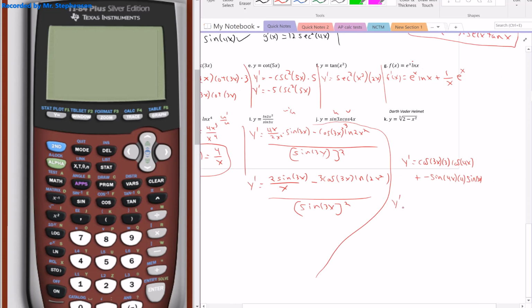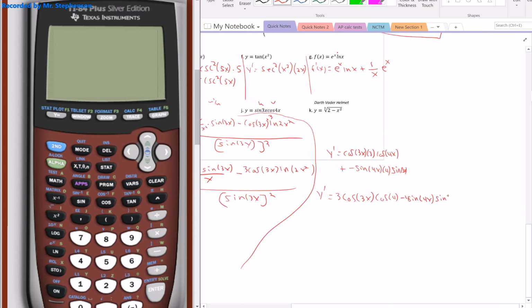Simplify this, you're going to get y prime equals 3. You cannot combine this to make cosine squared because they're different ones. So 3 different insides: cosine 3x, cosine 4x, minus sine 4x, 4 sine 4x times sine 3x. Right, so that's this one.